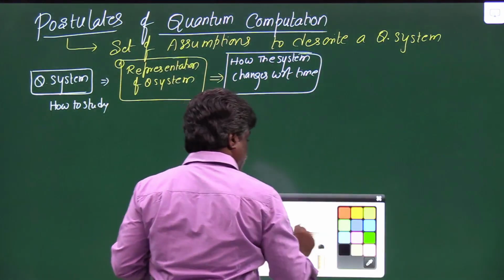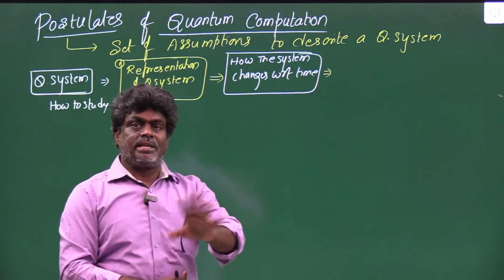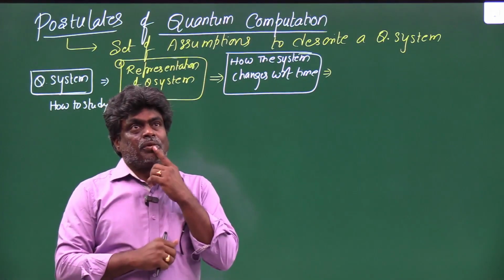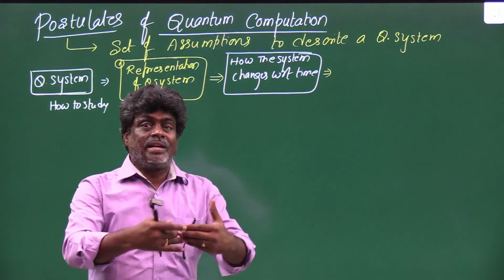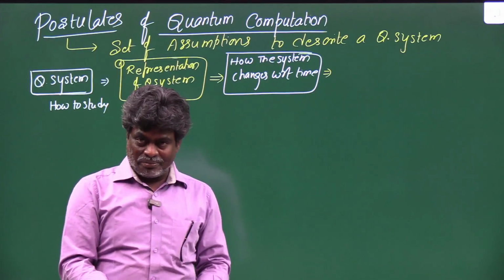Next step. What could be the next step? Now you understand whether it is changing with respect to time or not. After that, what will you do? Okay, let us make a measurement. Let us find its energy. Let us find its position. Let us find its momentum.